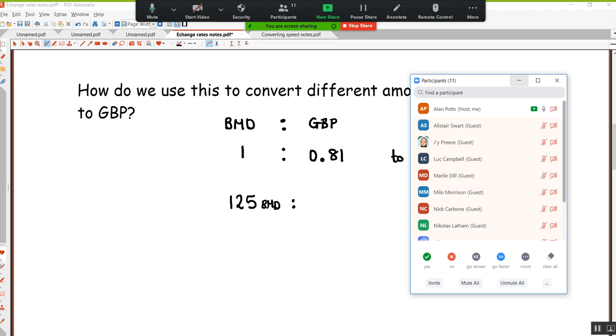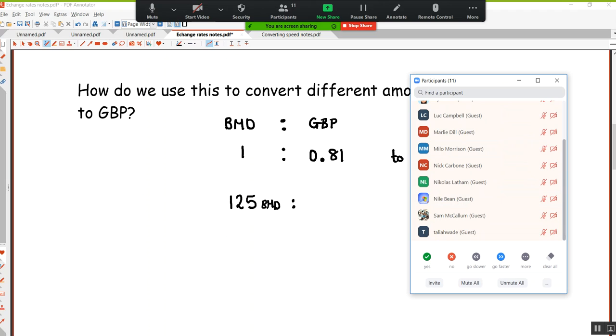Alistair, what do you think we would do? So how do I work out how many Great British pounds I would get for 125 Bermudian dollars? Good. I knew you'd get it.